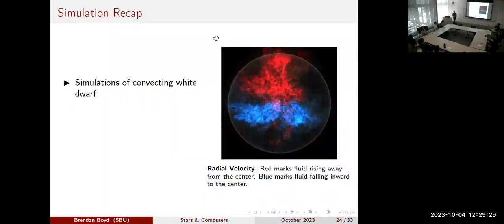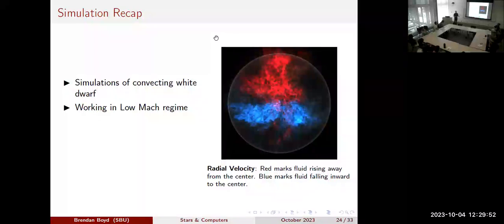Okay, so just to recap a bit of the stuff I've been talking about. These are, again, simulations of a convecting white dwarf that we're expecting to eventually heat up in thousands of years from now and explode into a type 1a supernova. We have to work in this low Mach regime where things are just moving slowly.